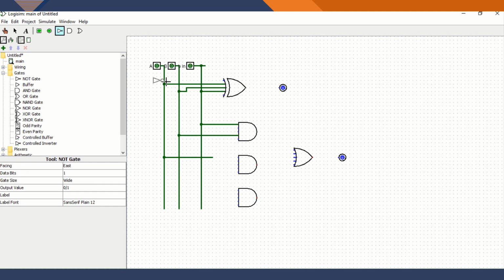Here I want to use 1 NOT gate. And also here I use another NOT gate.